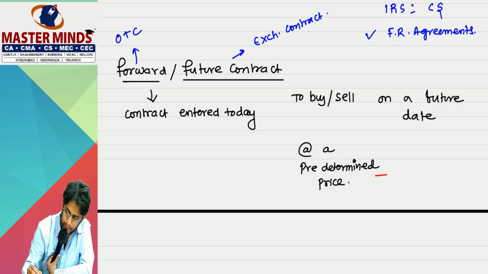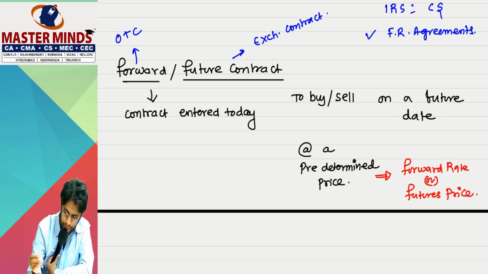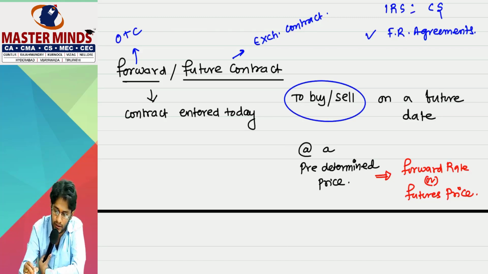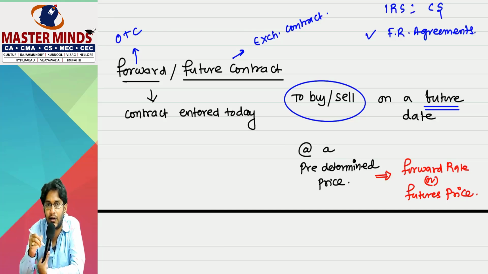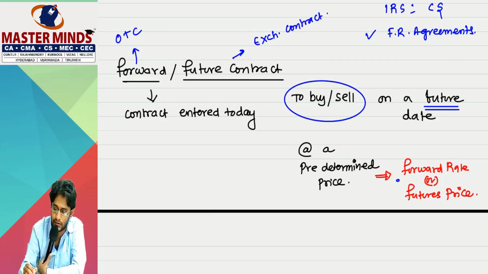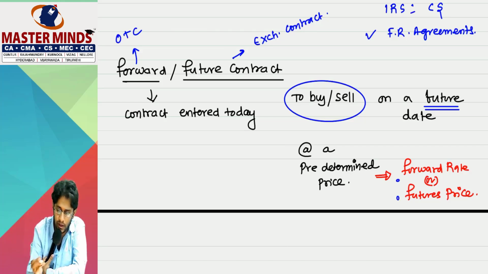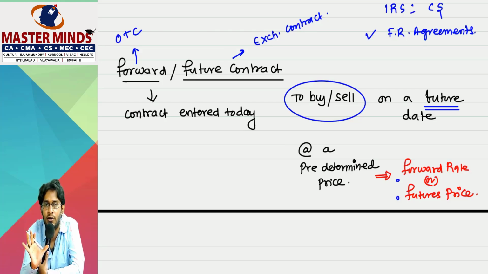This predetermined price, we will call this the forward rate, or in a futures contract it is called the futures price. So the contract is entered for buying or selling. Buying or selling will happen in future, but the price is already decided today. A decided price we are calling either a forward rate or a futures price, depending on whether it is forward or futures. This contract is called a forward contract.